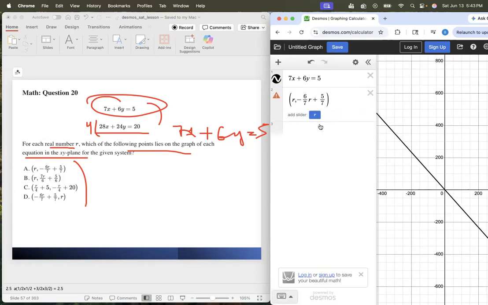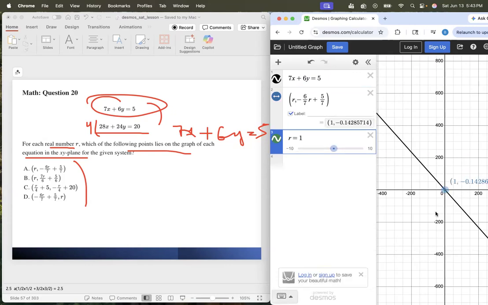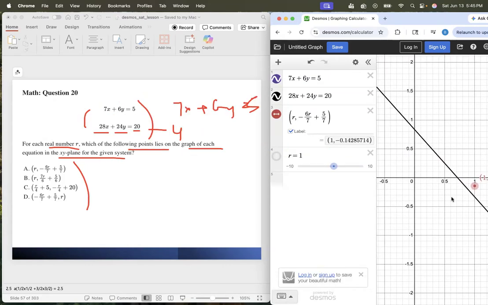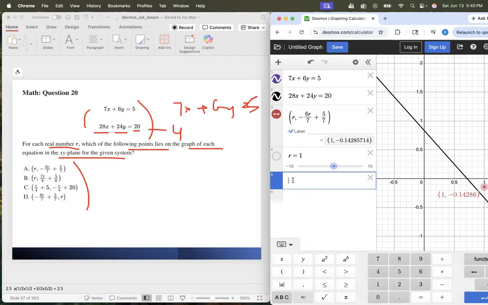It doesn't know it, but I'm going to say just make R equal to 1 because it's a constant. And I'm going to label it. It's right there, right here. So it's not part of it. I'm going to change the function. Second one is what? R, 7R over 5. They just want to waste your time. This is what they did.